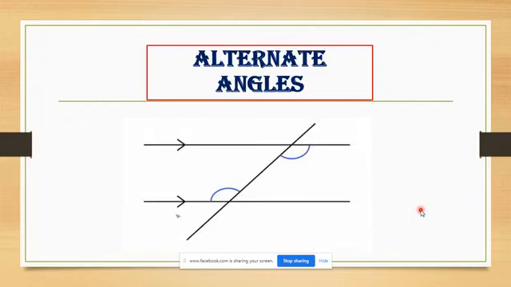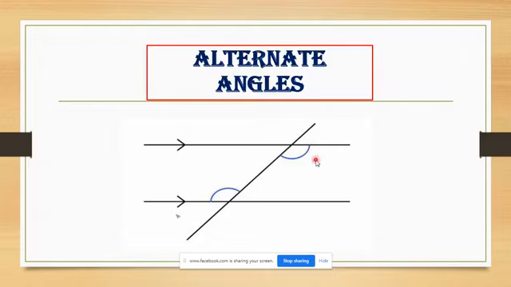Alternate angles. Okay, here I have just changed the figure. Again, only 2 parallel lines and 1 transversal are given. We can draw such angles formed by parallel lines or parallel segments, also parallel rays and one intersecting ray or one intersecting segment.